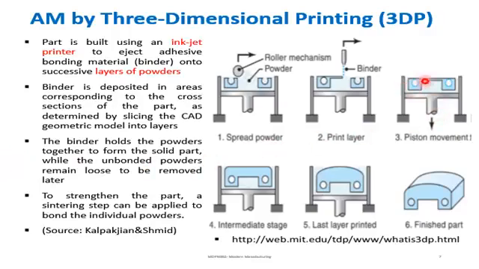Then we can create the layer here, and then layer after layer, we can build the body under consideration, and we get the final product here. The part that is produced by bonding the powder together is usually strengthened by a process known as a sintering step, which is applied to bond the individual powder particles together, and then it becomes strong.